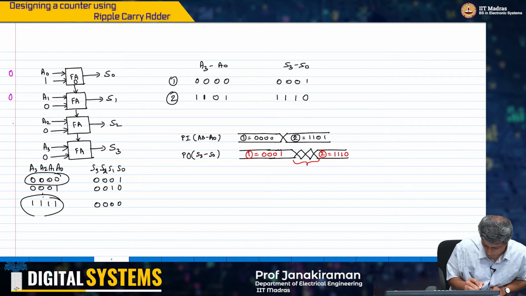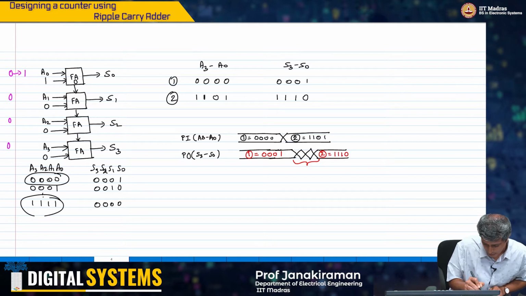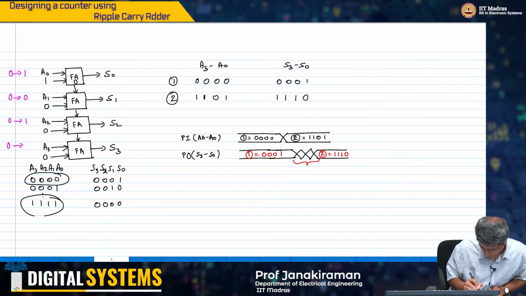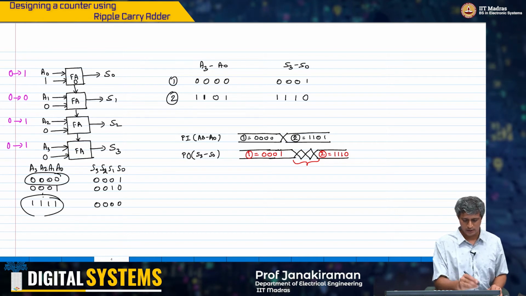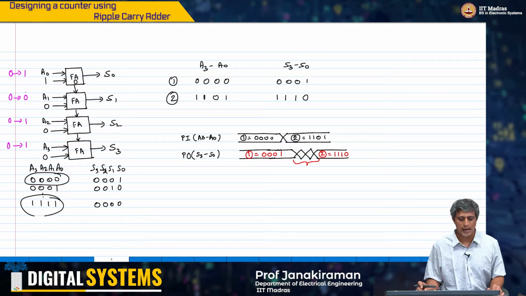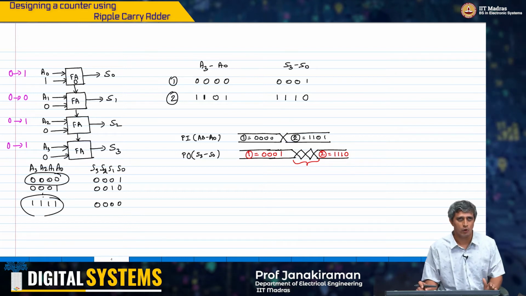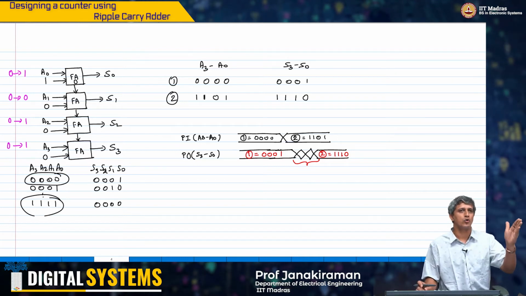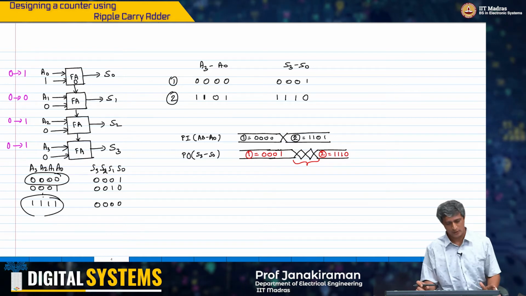Originally everything was 0 0 0 0, everything went to the new state, which is 1 1 0 1, yes, right. So I am going to now look at what happens through this ripple adder in the process of the input going from 0 0 0 0 to 1 1 0 1.